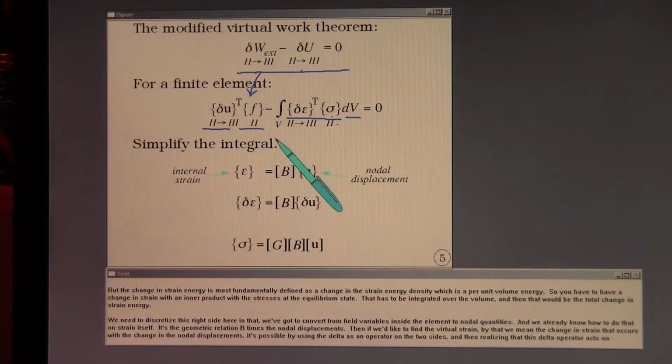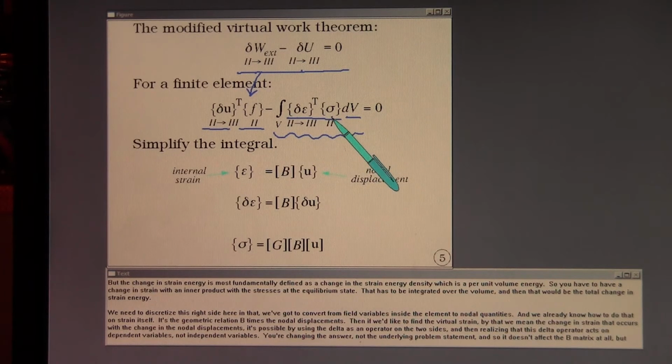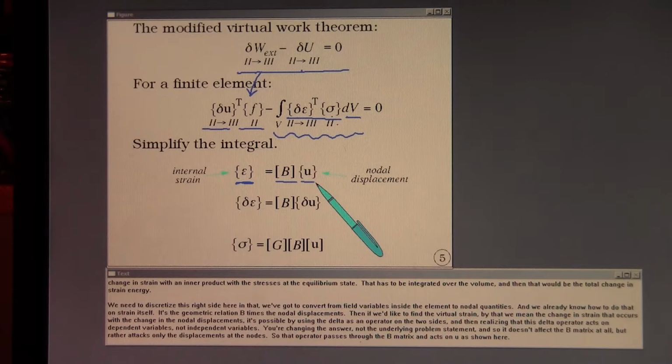We need to discretize this right side here in that we've got to convert from field variables inside the element to nodal quantities. And we already know how to do that on strain itself. It's the geometric relation B times the nodal displacements.